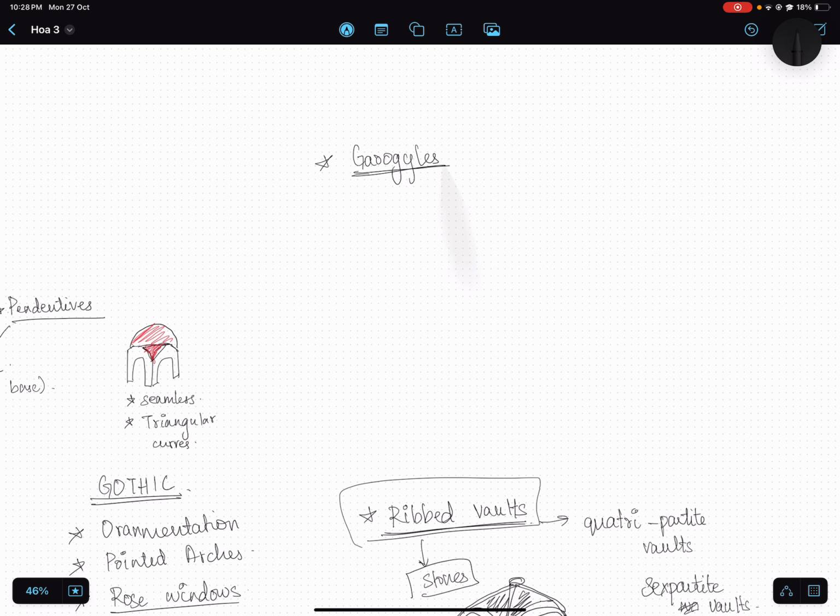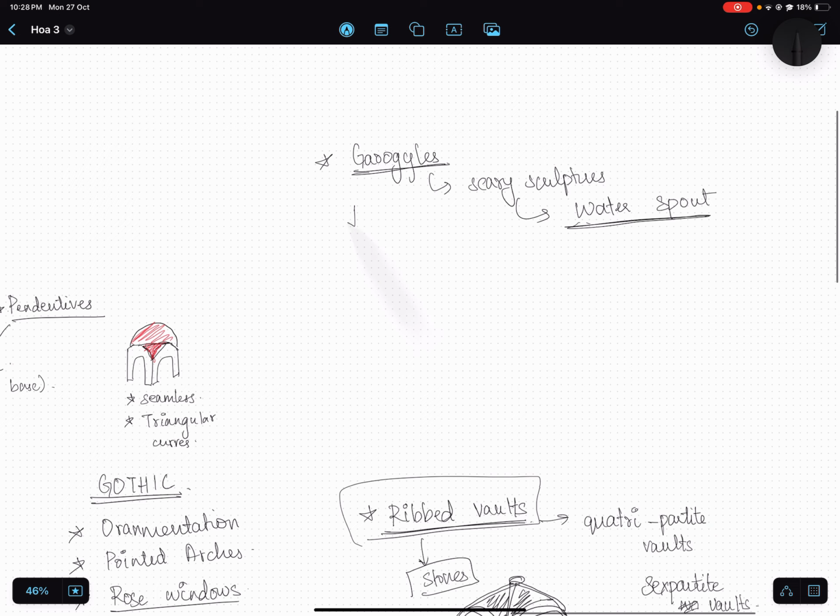These gargoyles are very scary looking sculptures which were used as water spouts. Gargoyles had a function to them. That is, they were used as water spouts. If they were not used as a water spout and were just scary looking sculptures on their own, then they were called grotesques.